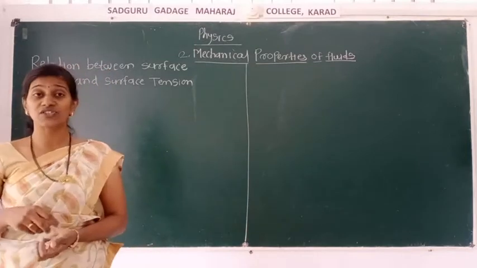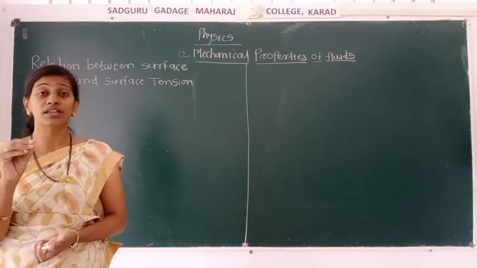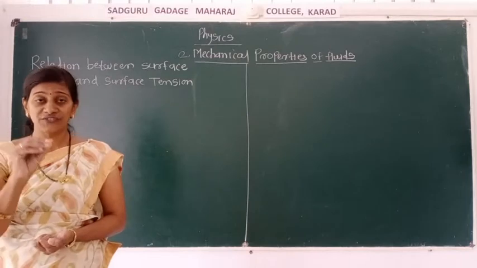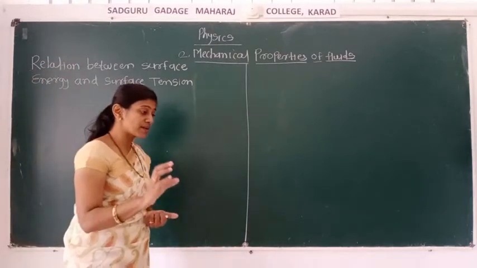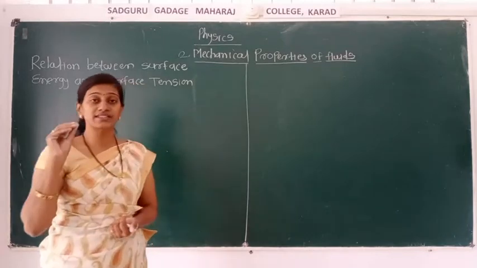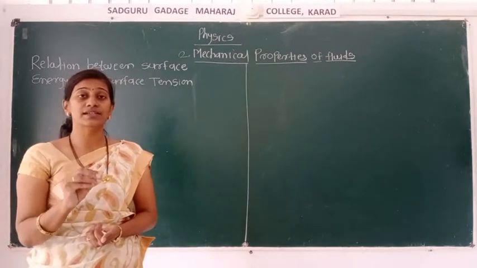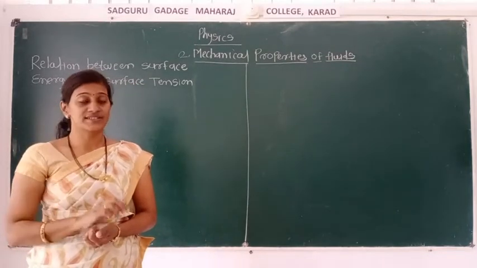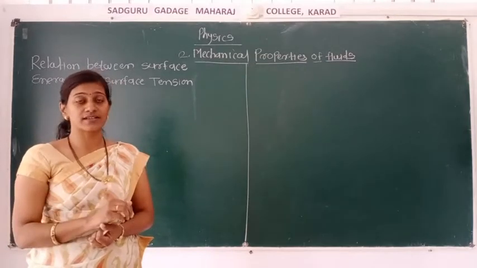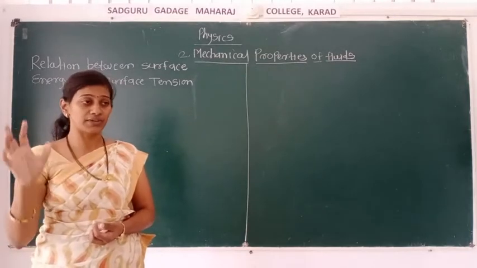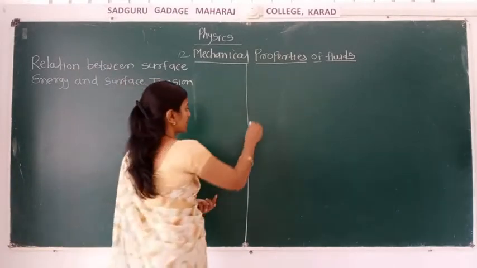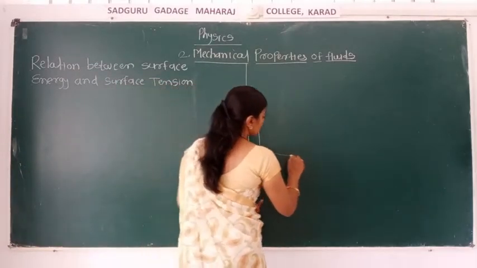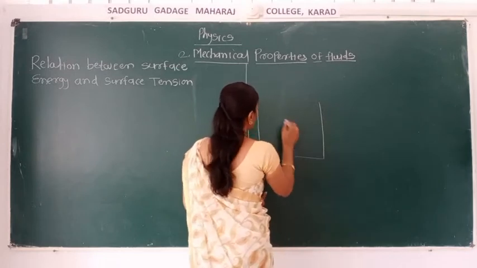Before surface tension, we also learned the molecular theory, and surface tension on the basis of that molecular theory. Some molecules are present in the surface film, on the free surface, and some molecules are deeply inside the liquid. I just want to revise that part.